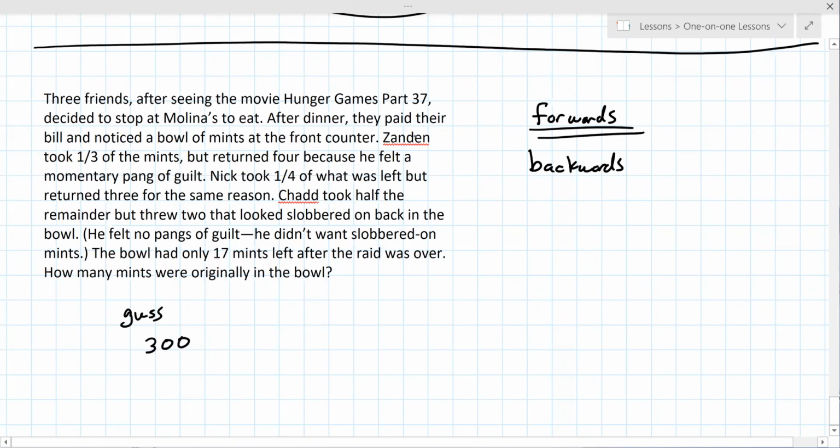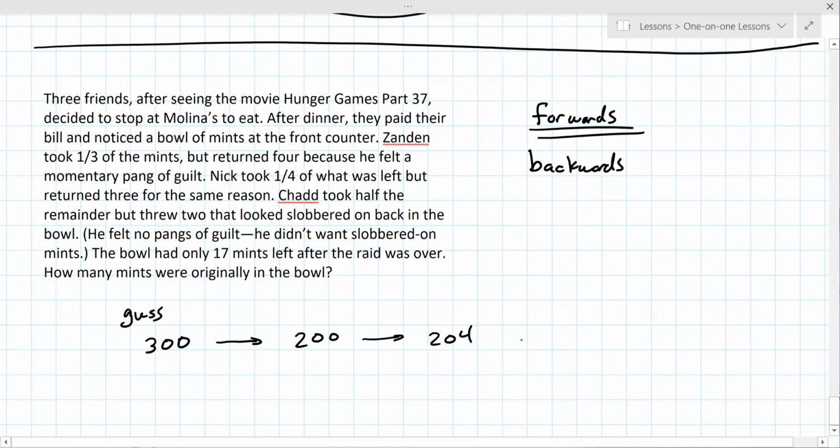So Xander took 1/3 of the mints. How many did he take? 100. So that means there's now 200 in the bowl, but then he returned 4, so there's really 204. Is that okay? Yeah. Nick took 1/4 of what was left. So that's where it gets a little harder. 1/4 of 200 is 50. 1/4 of 4 is 1.